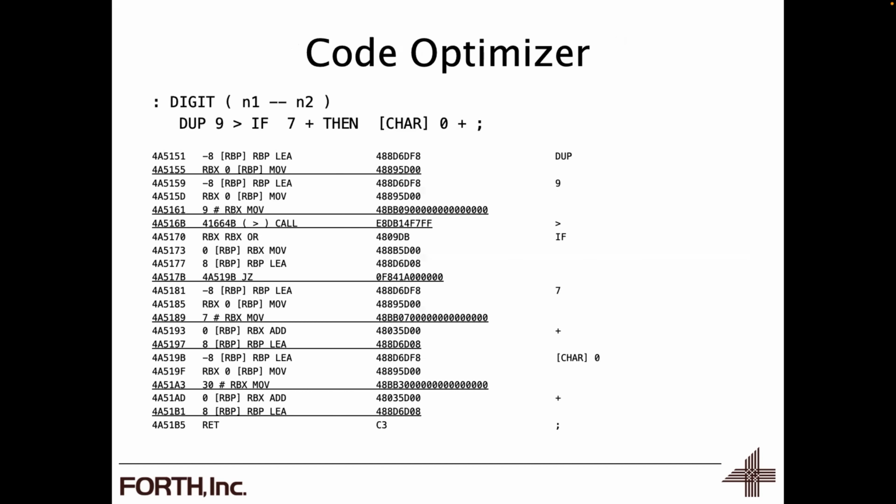The other thing I discovered I had to do was completely rewrite the code optimizer, because a lot of our optimizations were dependent upon the use of immediate values. Some of our best optimizations had to do with literal something, or something literal.